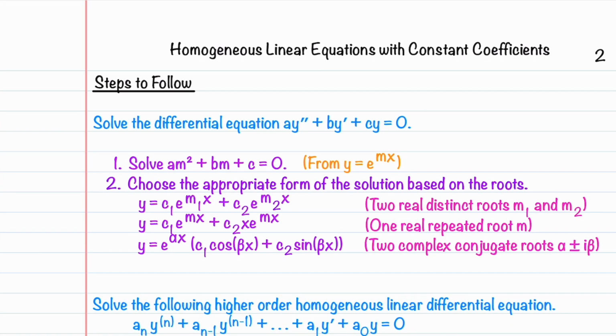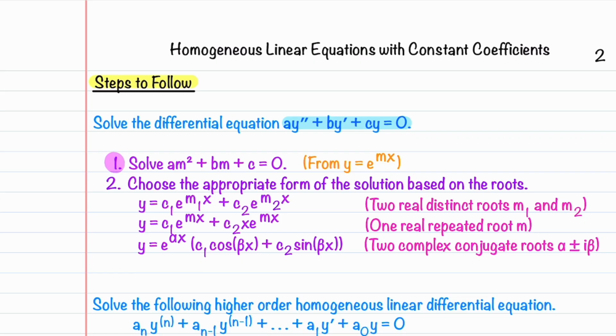Before we dive into some example problems, let's briefly go over the steps that you can follow for solving any homogeneous linear constant coefficient equation. To solve an equation that is second order and looks like ay double prime plus by prime plus cy is equal to 0, there's two steps that you can follow.